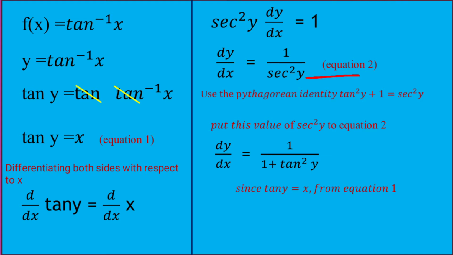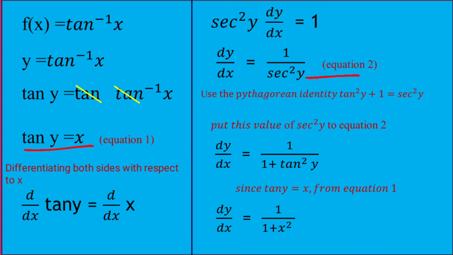And since tan y is equal to x from our equation 1, then 1 over 1 plus tangent squared y will become dy over dx is equal to 1 over 1 plus x squared. Okay, because the value of tan y in our first equation is x.